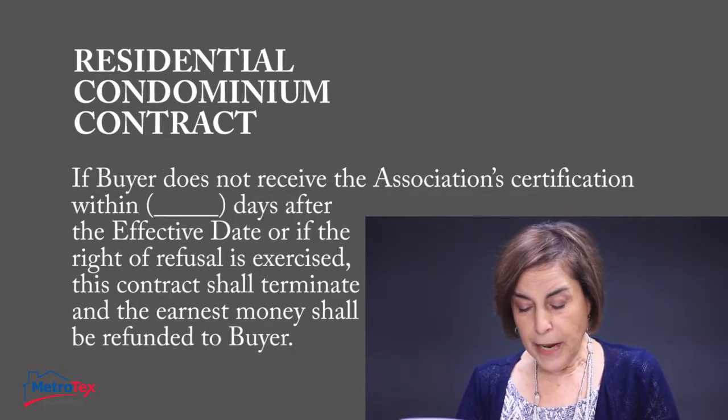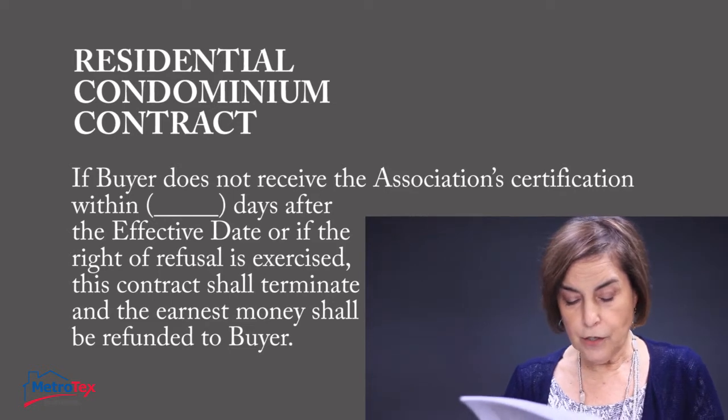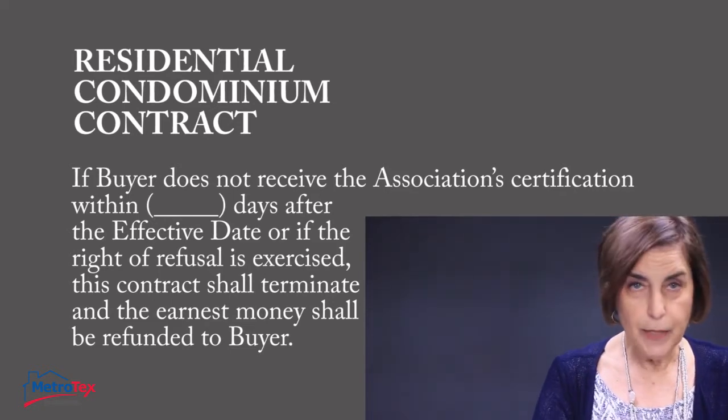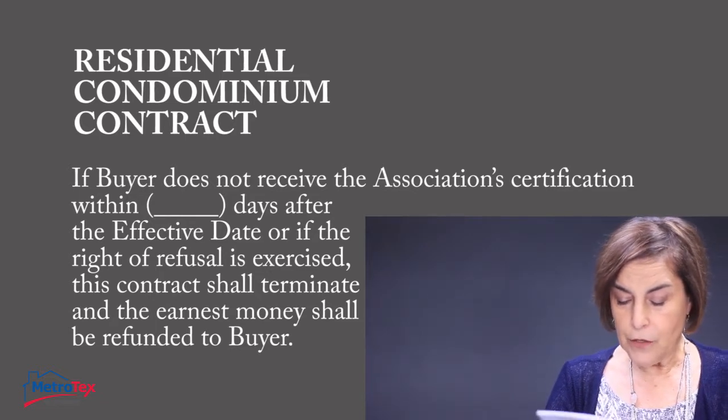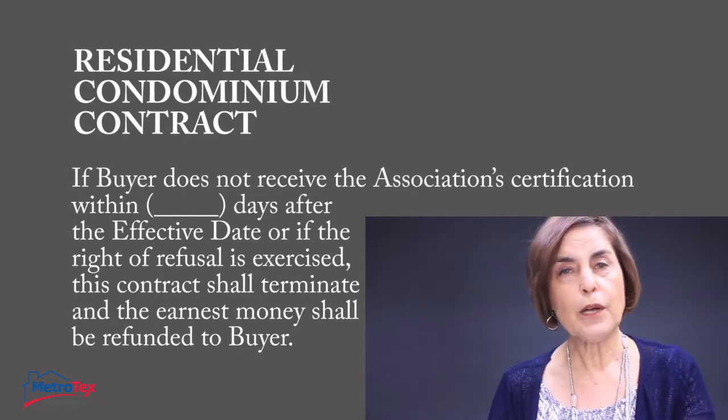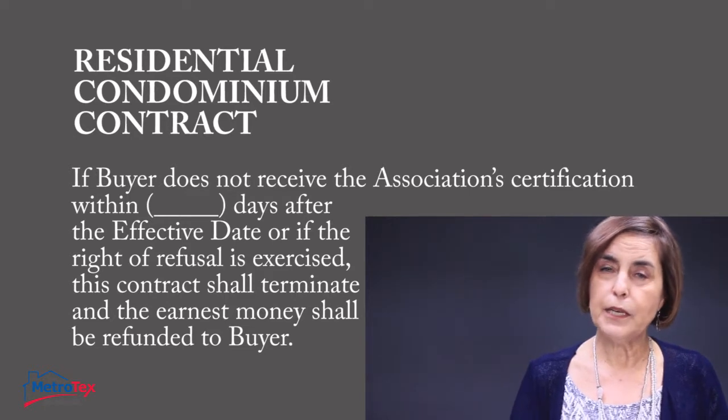If the buyer does not receive the association's certification within so many days after the effective date, or if the right of refusal is exercised, this contract will terminate and the earnest money will be refunded to the buyer.